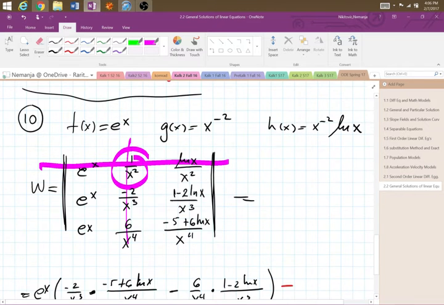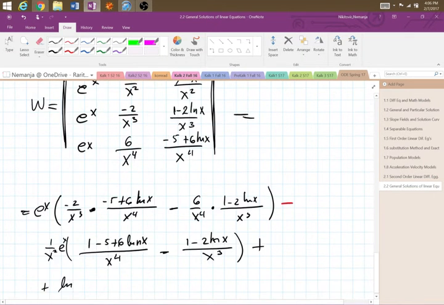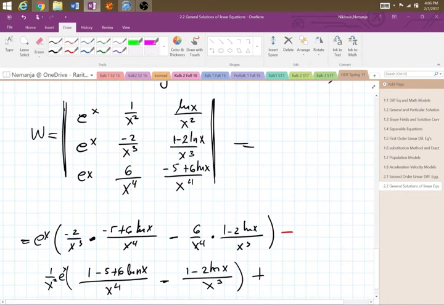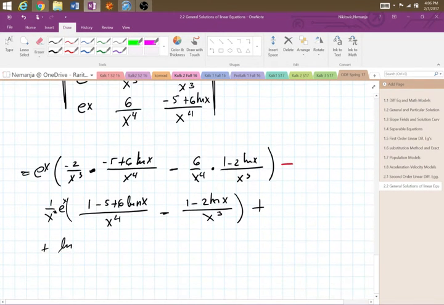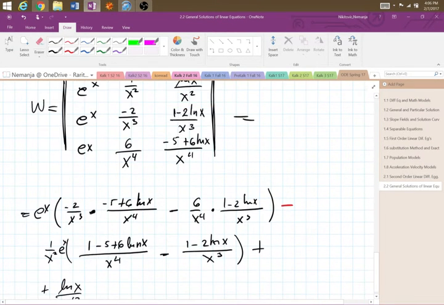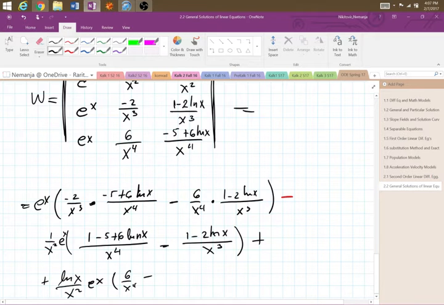Ln x over 2, over x squared. And then we have these 4. Kick out e to the x as well. And what's left is 6 over x to the fourth minus e to the x is pulled out.